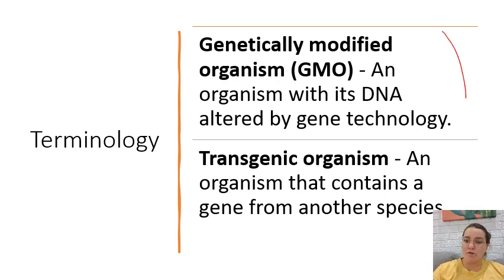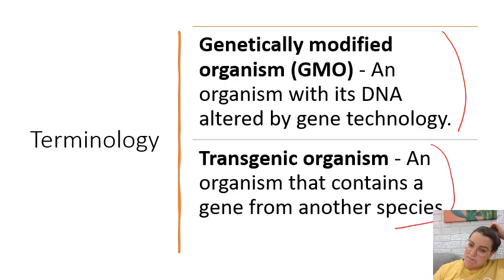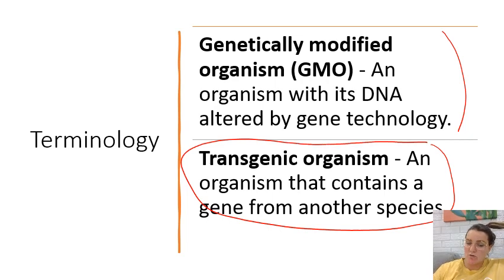So we can modify the DNA of an organism by knocking out a gene, so taking a gene out, maybe inducing a mutation in a particular gene, increasing the frequency of a gene in its genome, lots of different ways that we can modify an organism's genome. We can also add in a gene from a different species. So if we add in a gene from a different species, that's when we call it a transgenic organism.